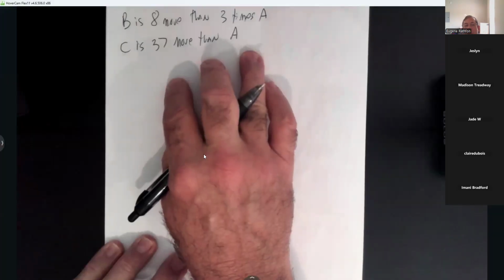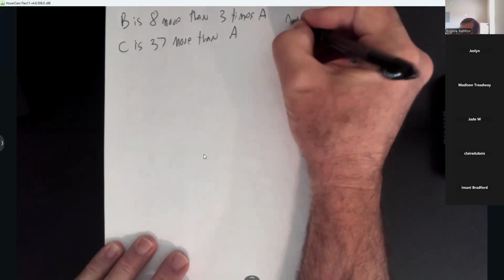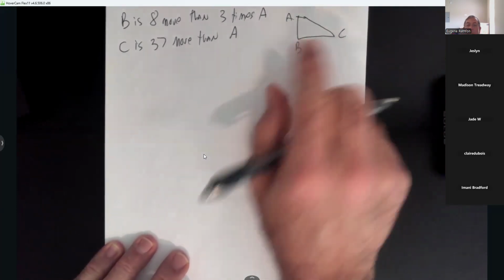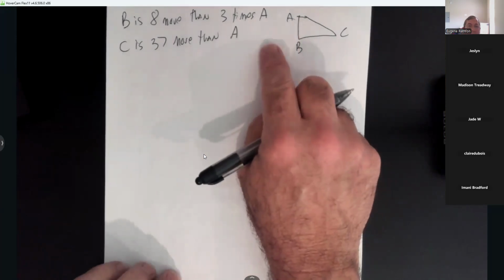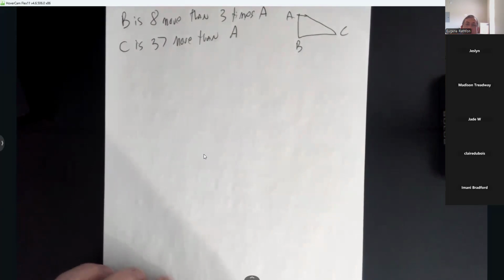First, since you got an ABC, remember, 3 variables means we need 3 equations. They only gave me 2. So do y'all remember the third equation on this one with the triangles?